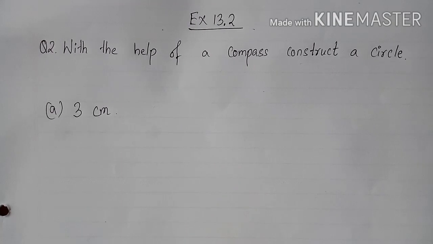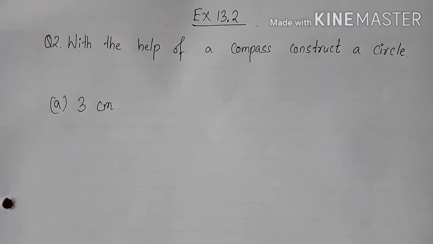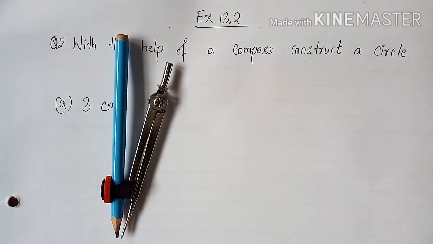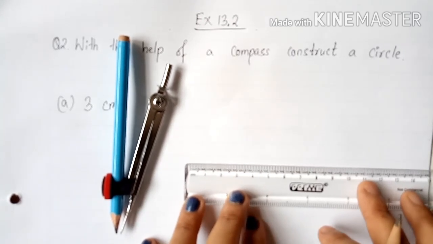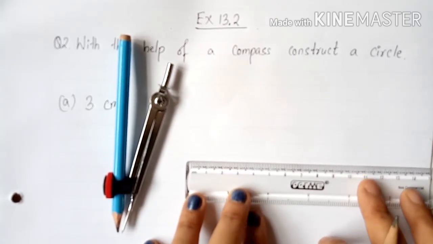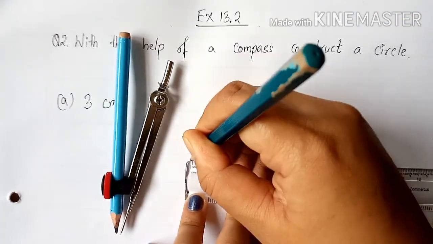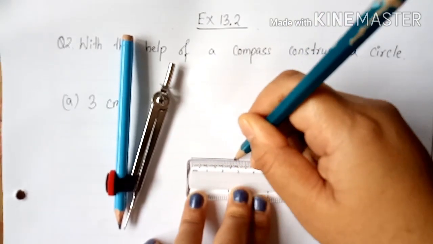Okay students, now let us solve exercise 13.2. With the help of compass, construct a circle. Now you take your compass and a scale. First we will take 3 centimeter. So you put a mark at 0.3 and make a line here.